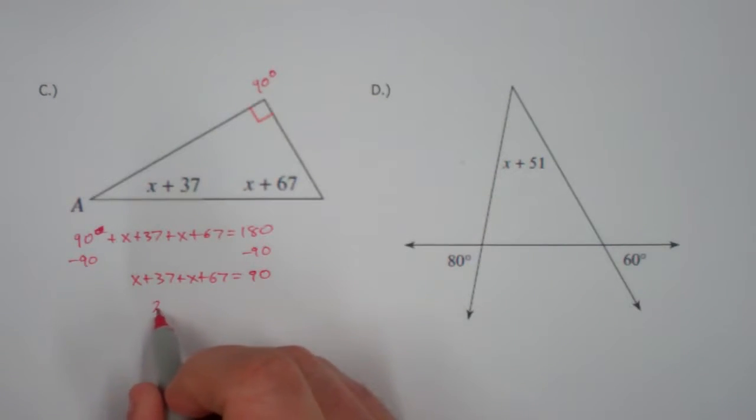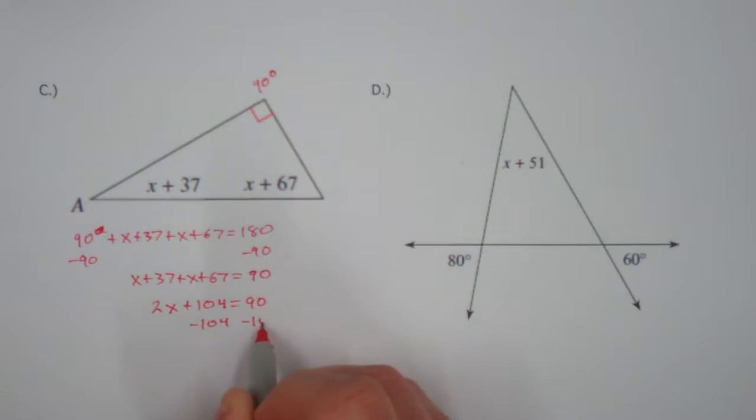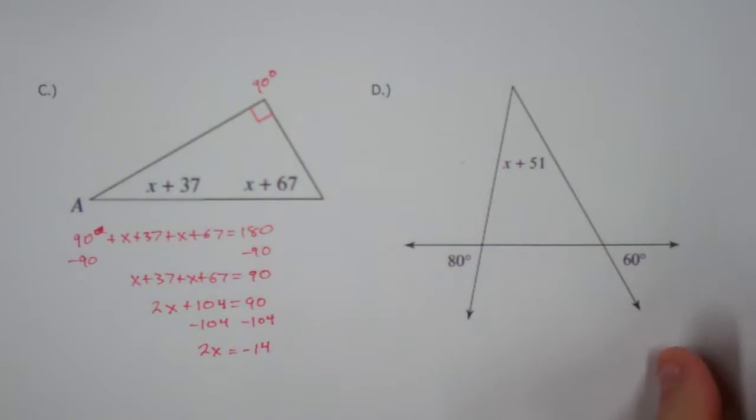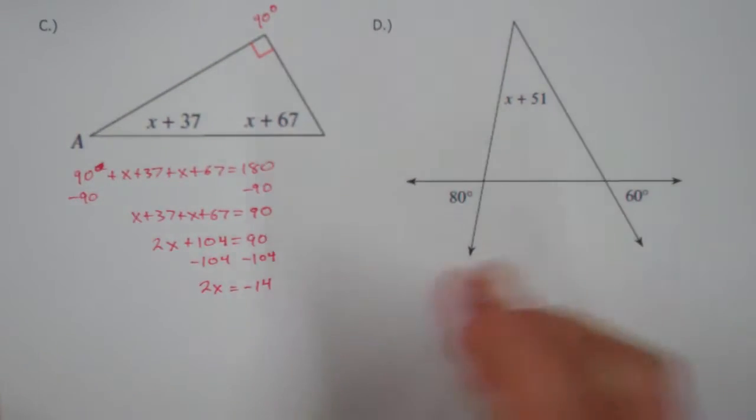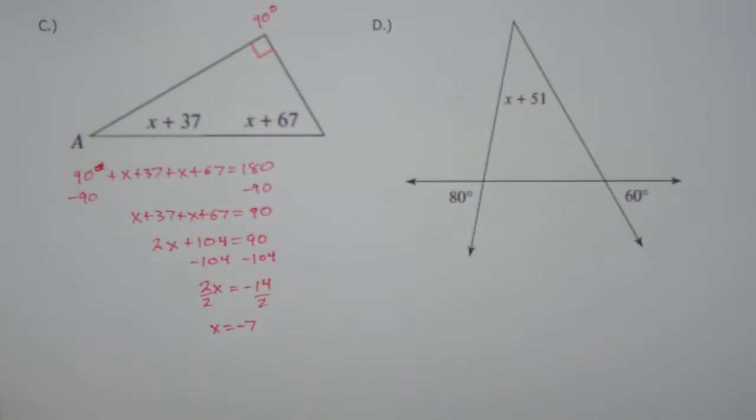We're going to combine like terms though. It's going to be 2x, and 37 and 67 is 104. We'll subtract 104 from 90. So we have 2x is equal to, this should be -14. Move that up a skosh for you. Divide by 2, and x will be -7.